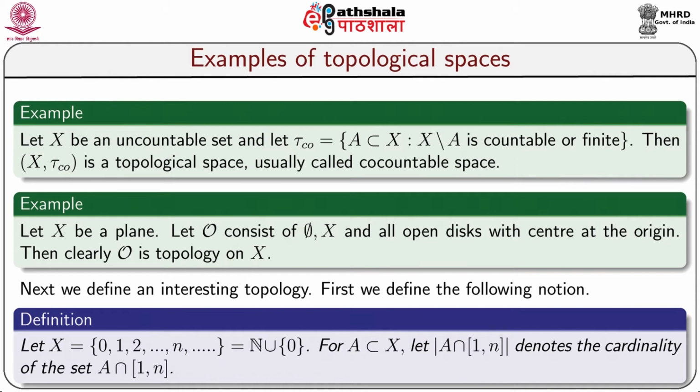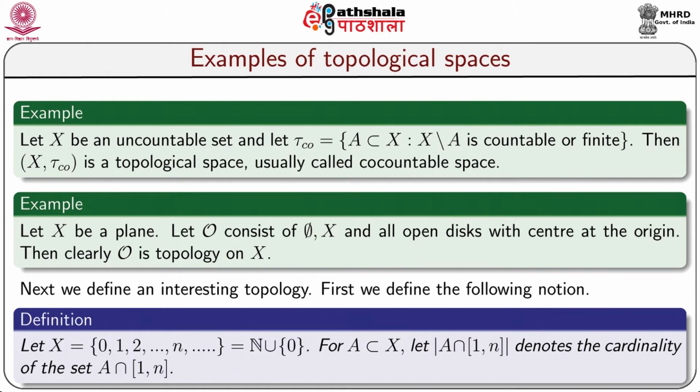So let X be an uncountable set and consider all those subsets of X whose complements are countable. Then this collection will be a topology on X. Generally this is denoted as tau_co and called the co-countable topological space. The proof is almost the same as above, so we will not repeat it here.